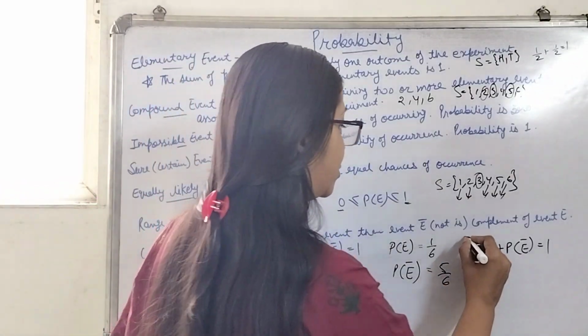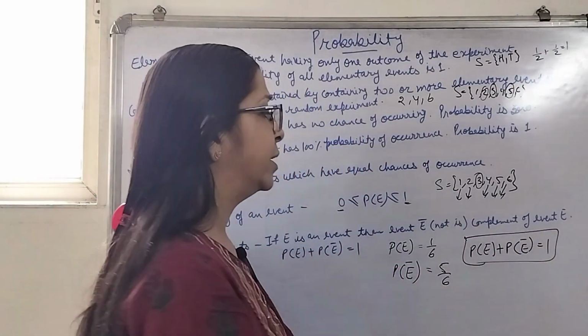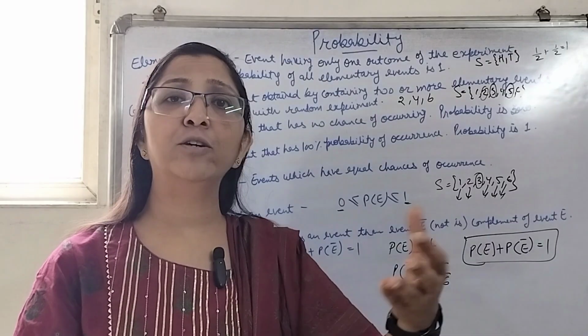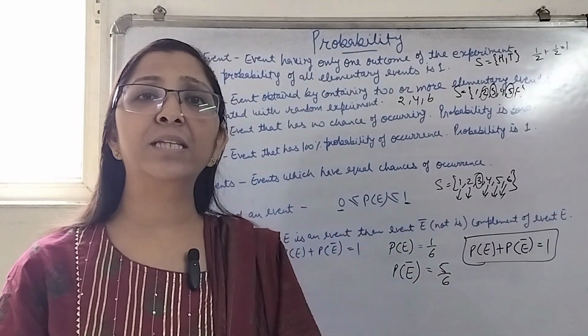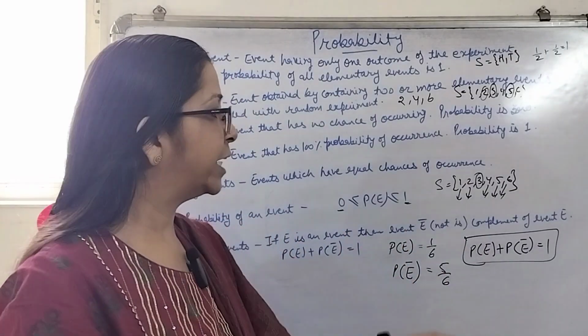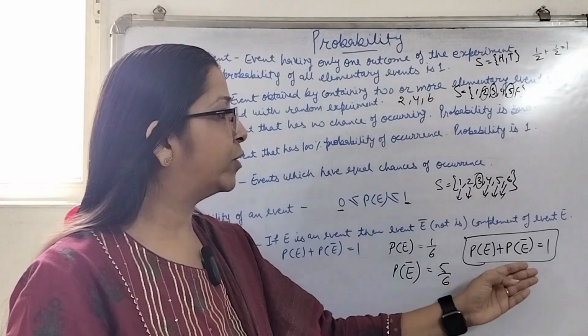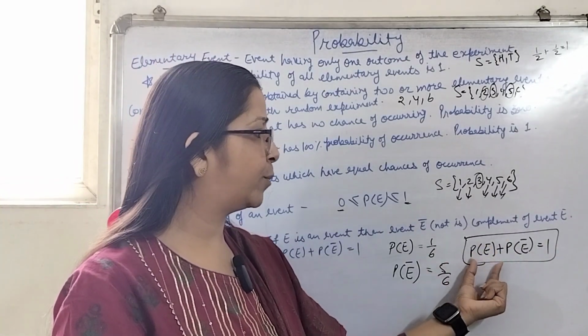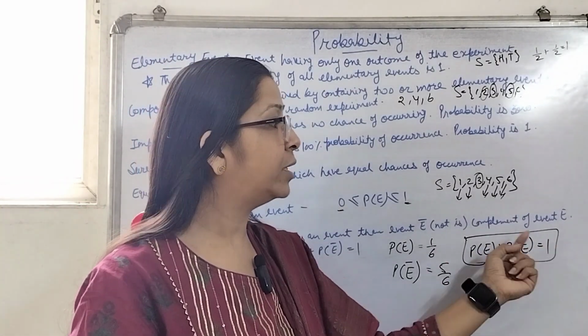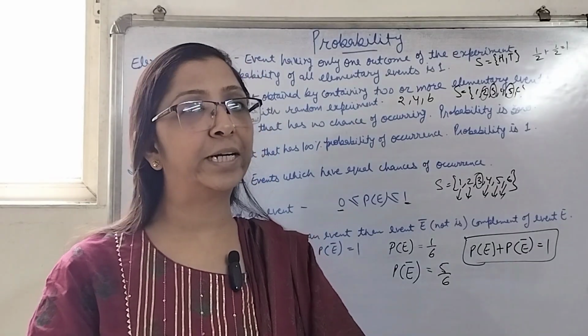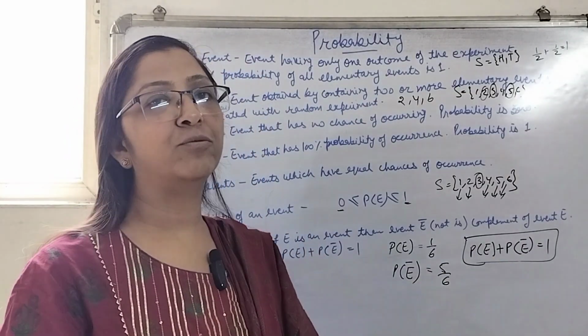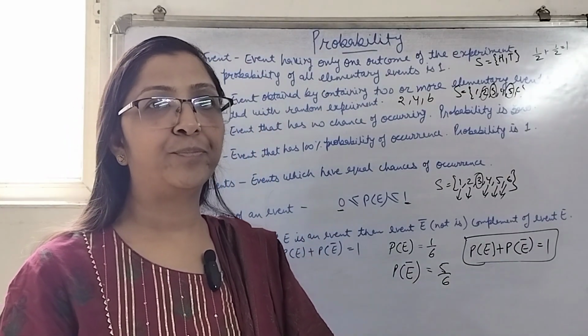This formula is used for solving some types of questions where the probability of an event is given and we are asked the probability of not getting it. As the complement is asked, we subtract the probability of getting the event from 1 to get the probability of not getting the event.